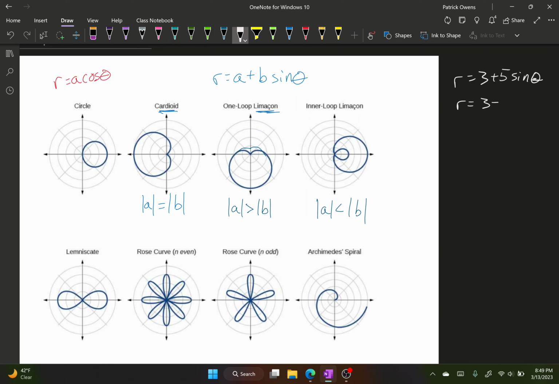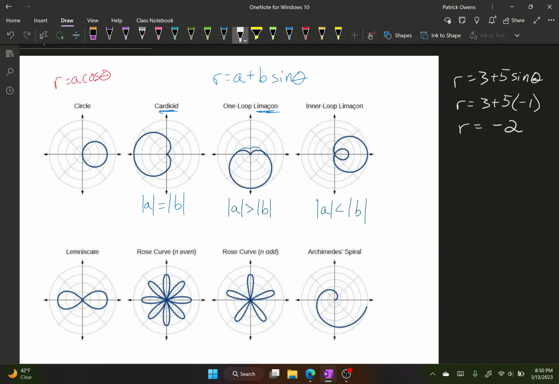So r equals 3 plus 5 times negative 1, like sine of 3 pi over 2. So our radius is going to be negative 2. Since that radius is negative, between some of these values, we're going to end up with that inner loop getting sketched.